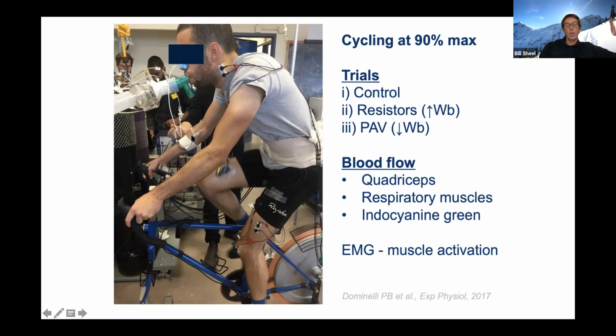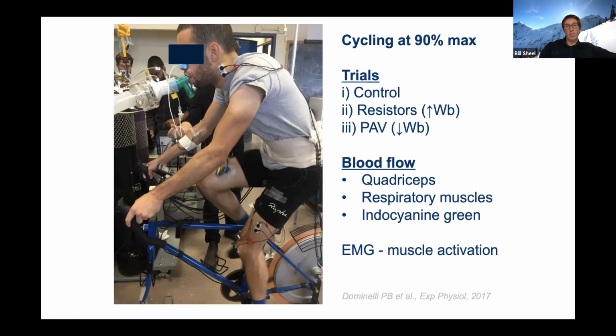Okay, and so we do that at discrete points during the experiment, and the dye gets into the circulation and it appears in different vascular beds. And what we've done is we've placed near infrared spectroscopy. We're able to adjust it such that it picks up green. And so the rate of influx of that dye is proportional to blood flow.